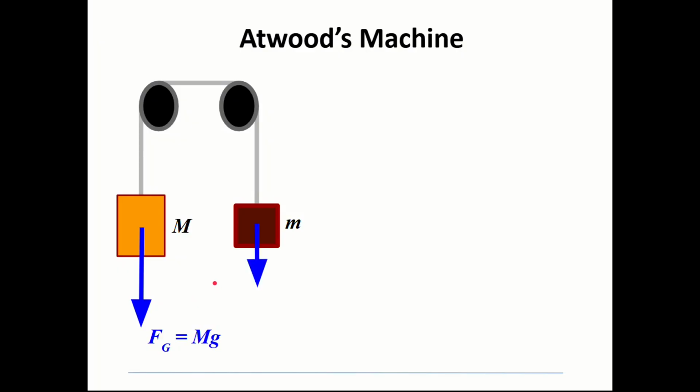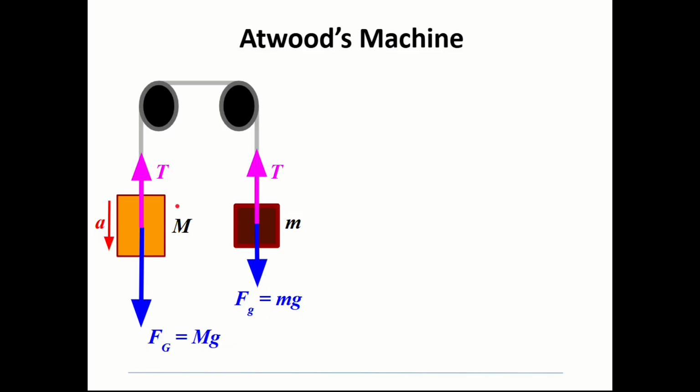I'm going to do the same thing for the smaller mass, but this time I use the little m for the weight. And then I have this pink arrow here, which represents the tension. Similarly, there's going to be a tension of equal magnitude on the smaller mass.